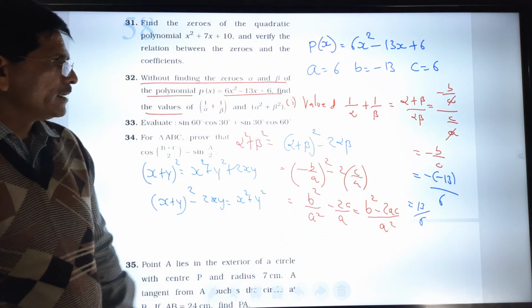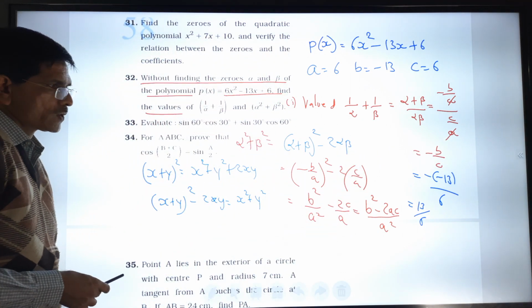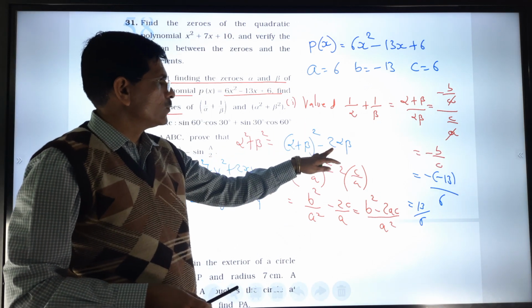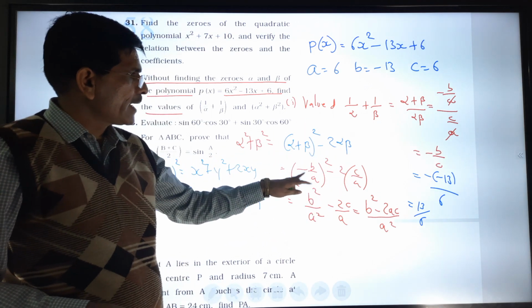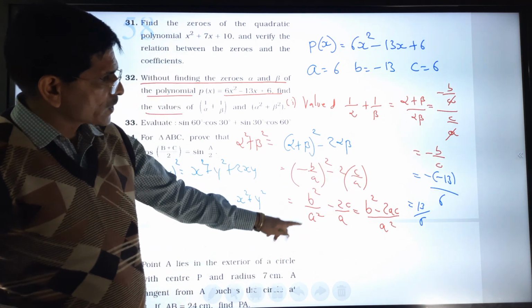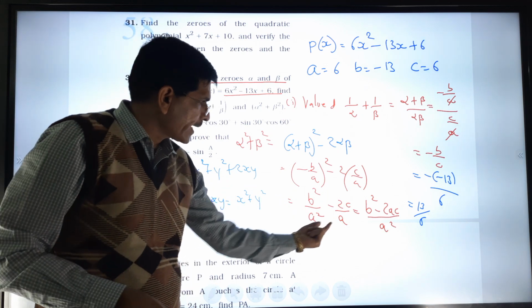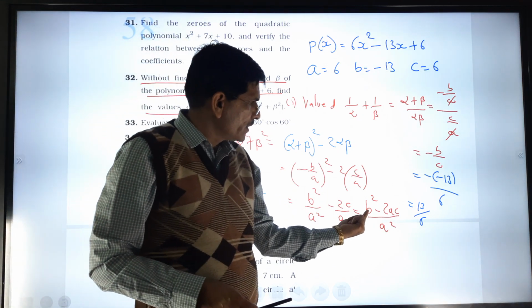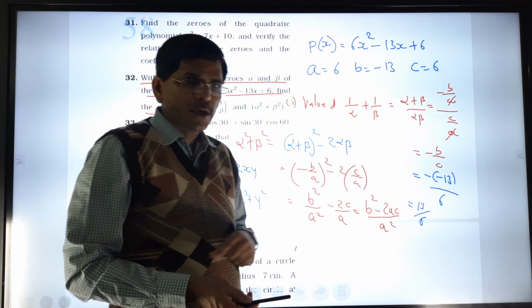Again, alpha plus beta whole square minus 2 alpha beta: minus b by a whole square minus 2 into c by a, that is b square upon a square minus 2c upon a. If I take the LCM, here it is a square, here it is a, so b square minus 2ac upon a square.